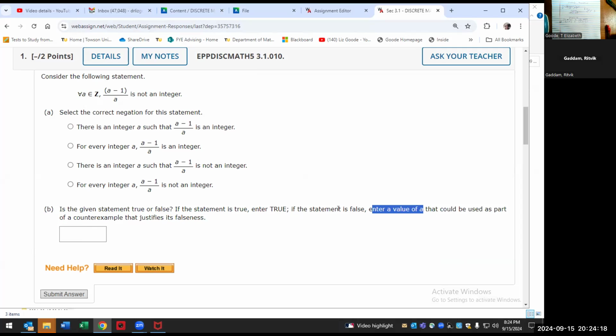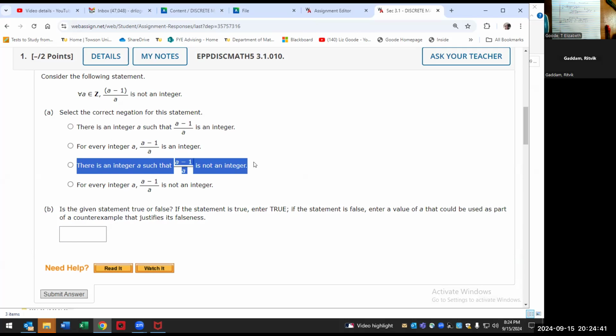They could have used x instead of a, but they used little a. That needs to be a numerical value because this a represents an integer. So you need to find an integer a that exists such that a minus 1 over a is not an integer.